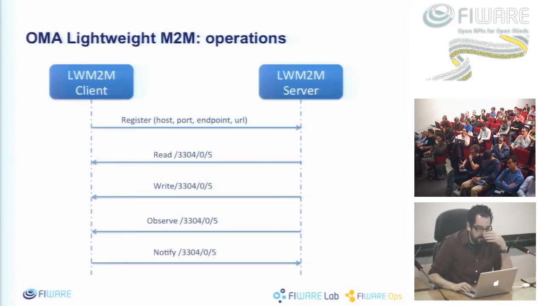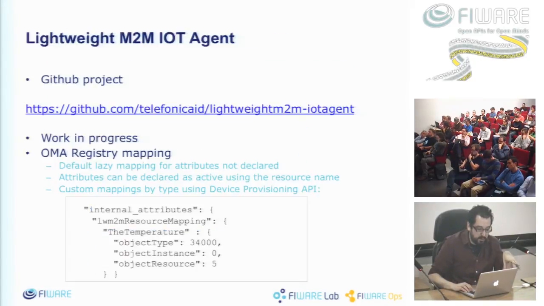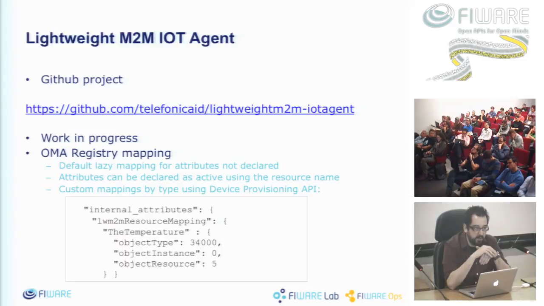This was a brief description of the lightweight M2M protocol itself. Concerning the lightweight M2M IoT agent, this is the GitHub project of the agent. In the GitHub project, you will find some information about how to use the IoT agent and links to other information about IoT and IoT agents and the lightweight M2M protocol.